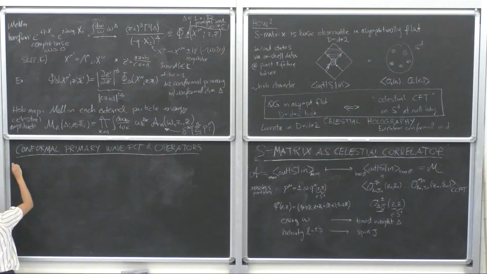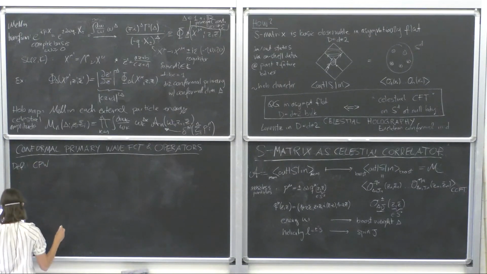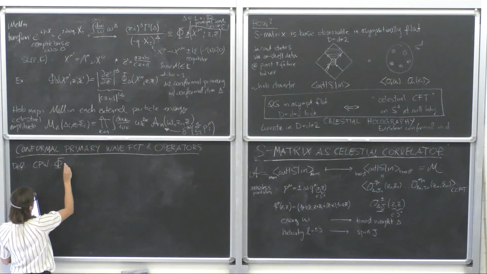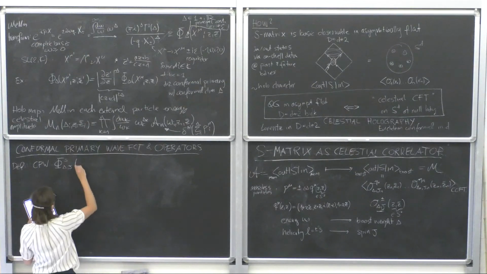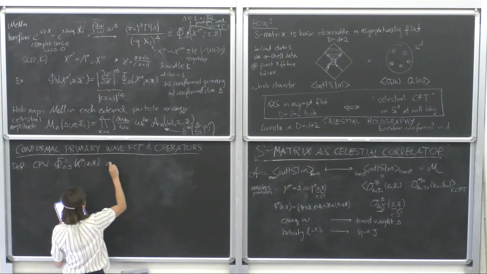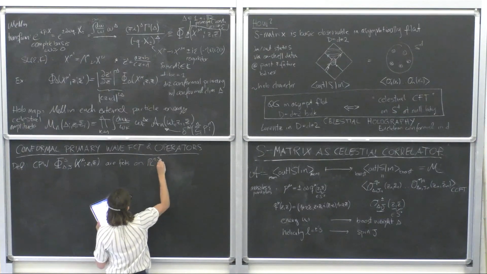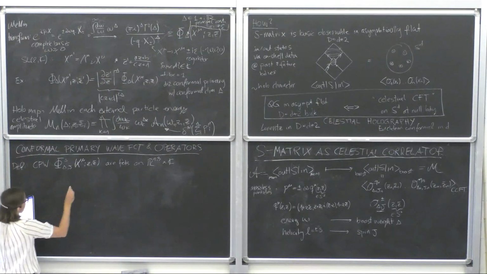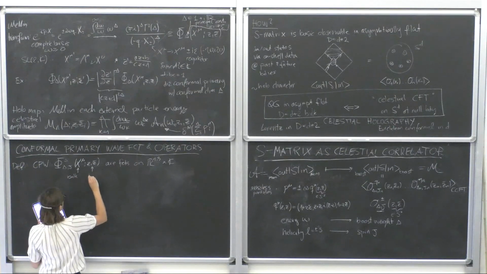Okay, so my definition for a conformal primary wave function, let me denote it by CPW, will be the following. I will denote a general conformal primary wave function with these labels, delta and J, and this is still the 4D space-time in S. What I demand is that those are functions on R^{1,3} cross C for the z, z bar coordinates, which depend on a bulk point and a boundary point.